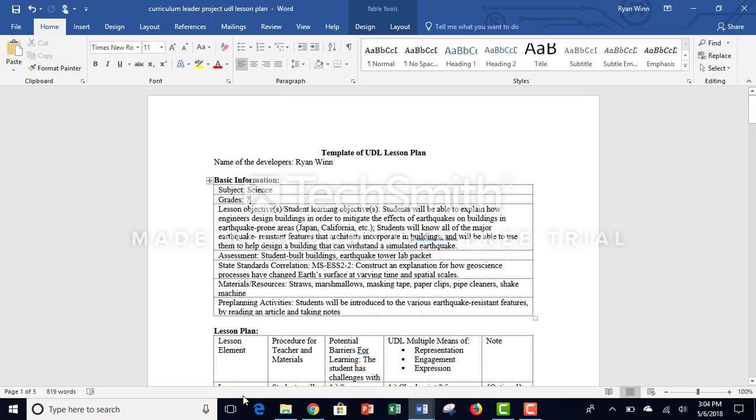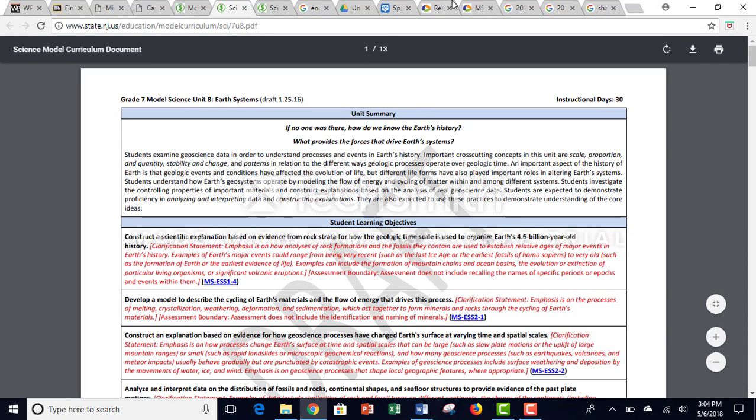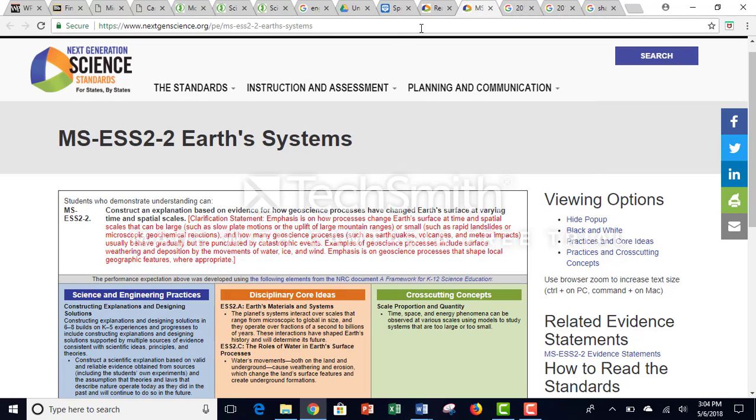Now, the specific standard that this aligns with: the science standards that New Jersey has adopted is the Next Generation Science Standards. The specific standard that this lesson aligns with is Middle School Earth System Science 2.2.